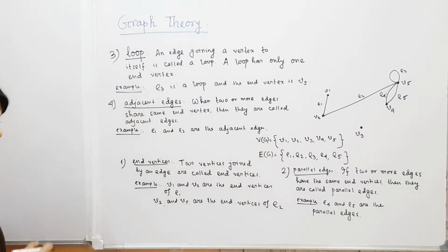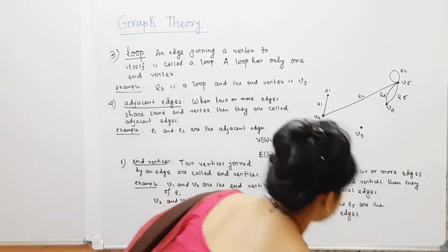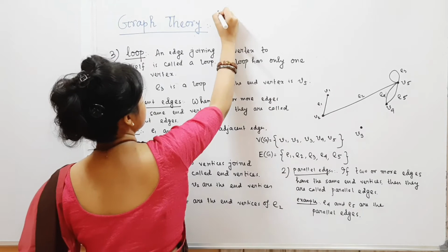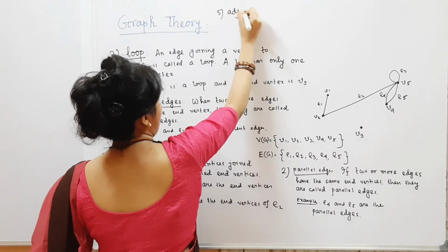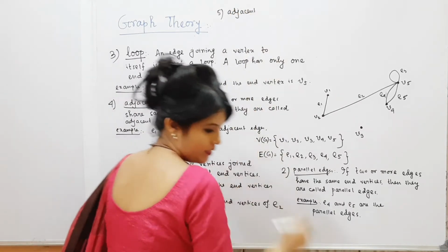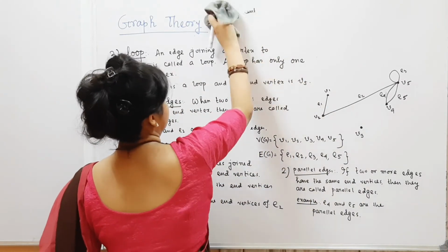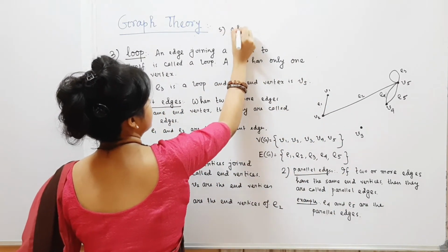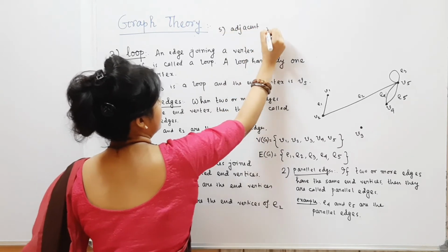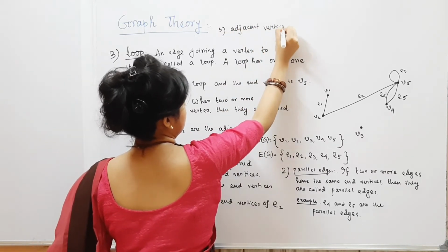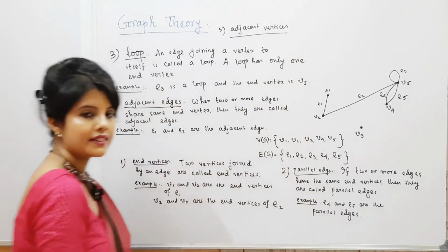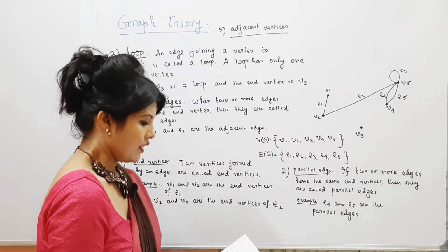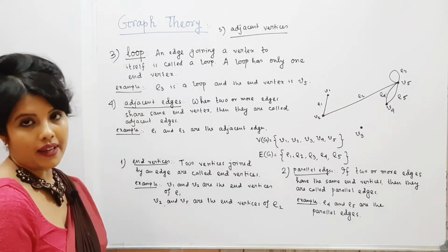Okay, so similarly you have another definition, and that is the adjacent vertices. So what is the adjacent vertices? That is, if they are connected by an edge.